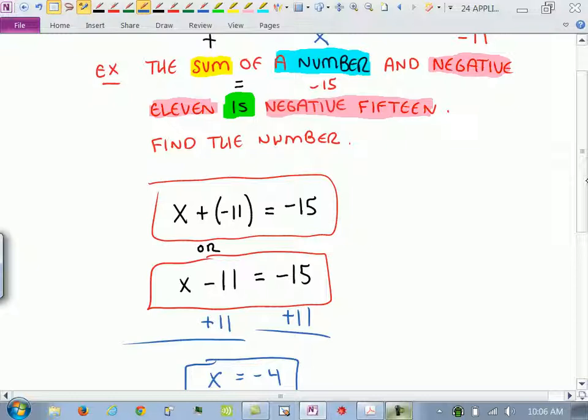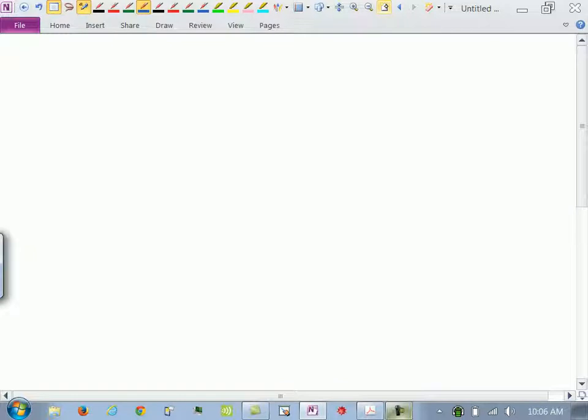Next one. I'm going to sit down for this. Here we go. I kind of want to make up my own here. I don't want to use the books.